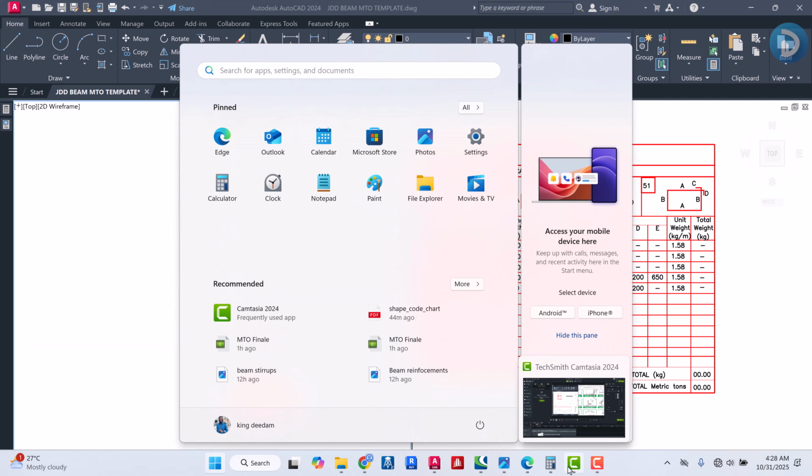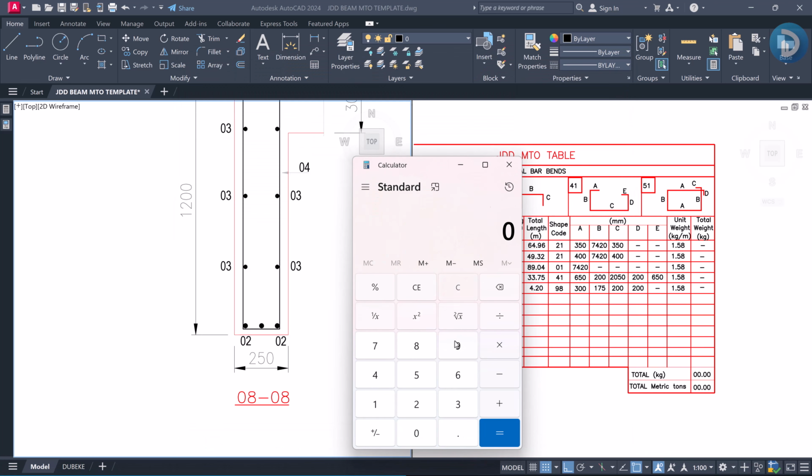So we punch 250 and subtract 80 from it, then we have 170 millimeter. This is also 1.2 meters, and if we subtract 80, we'll have 1.12.